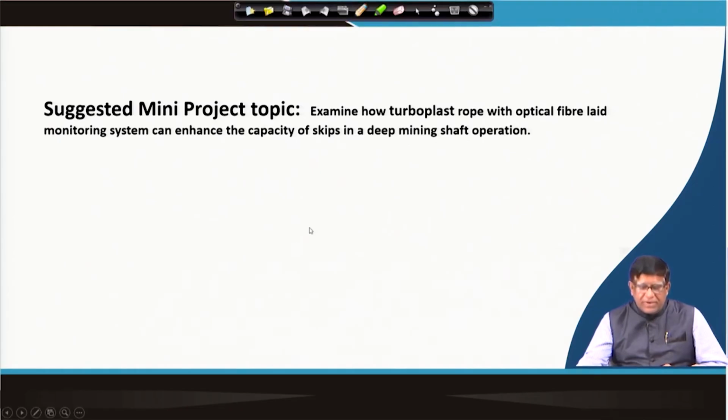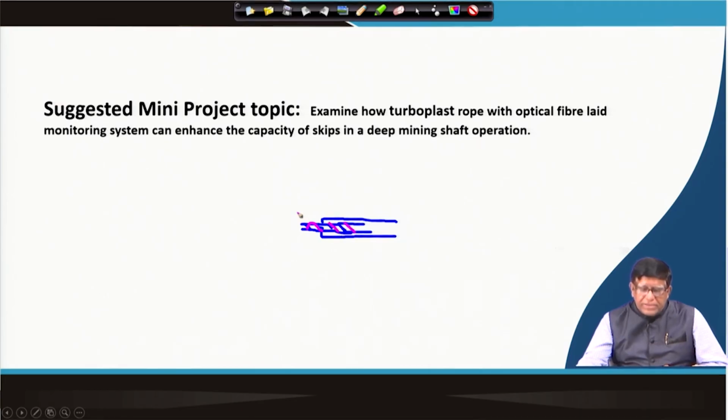Sometimes a wire rope will have different strands put over here, and then over this rope we have a plastic cover, and here you can have an optical fiber kept winding over it.